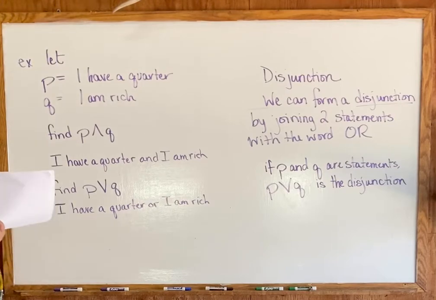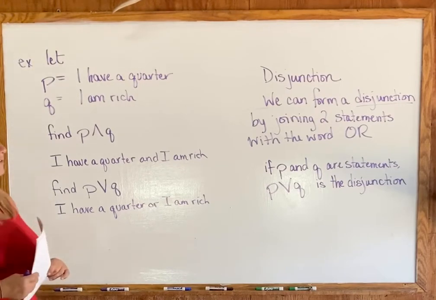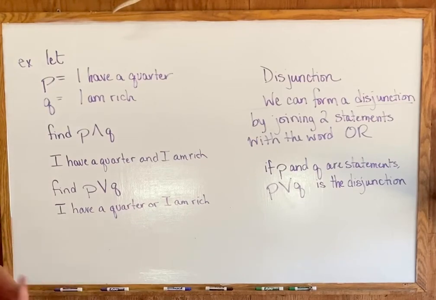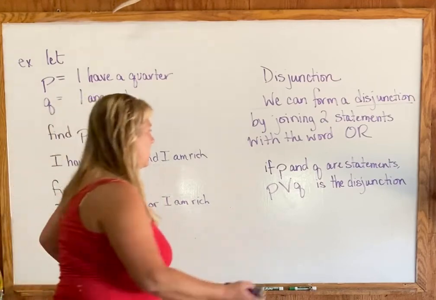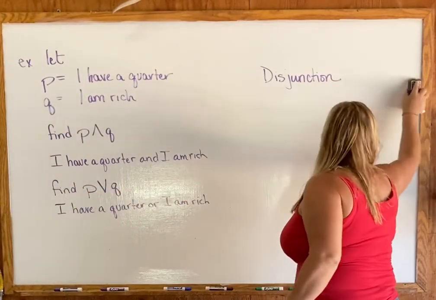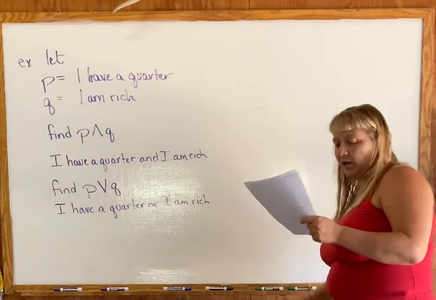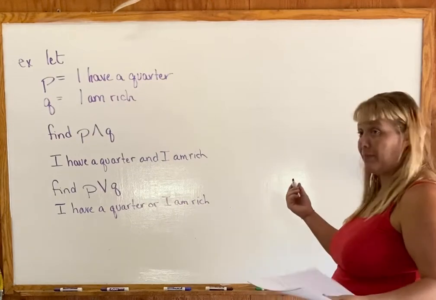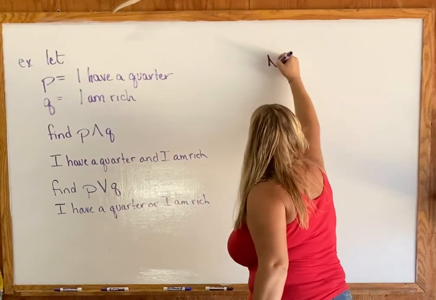Now, this idea of talking about whether this is true or false leads us to our next kind of operation that we need to look at here. Okay, so once we start talking about true or false, then we're going to talk about the negation. Okay, so negation.